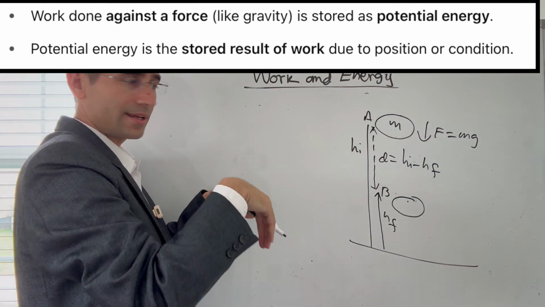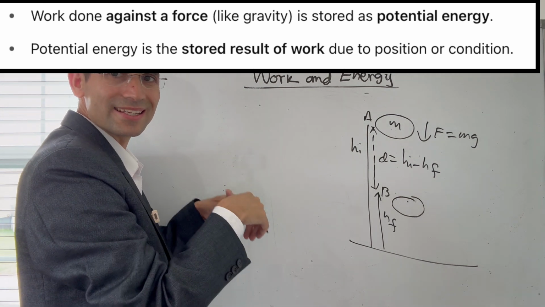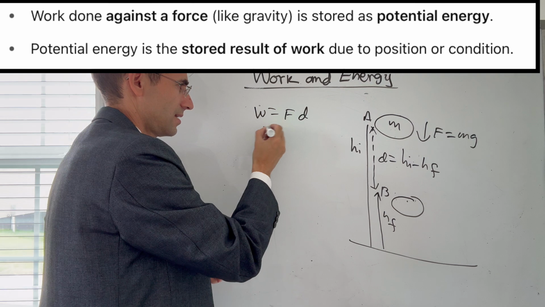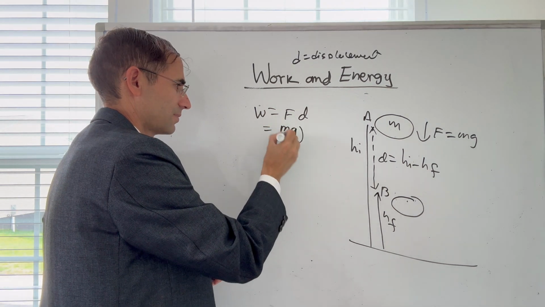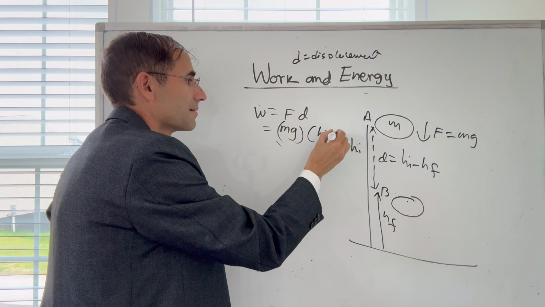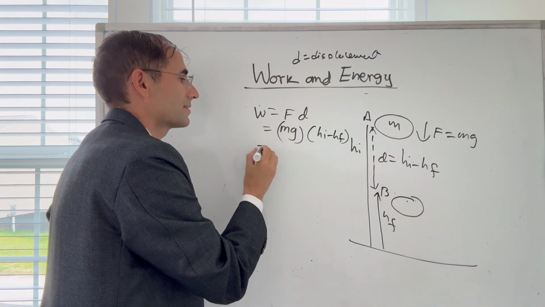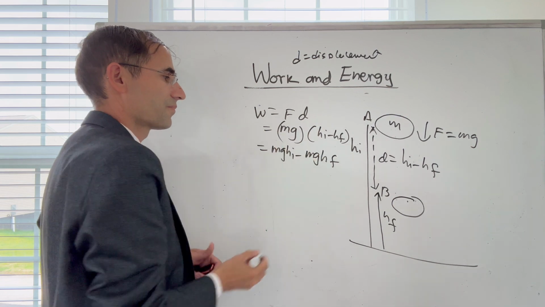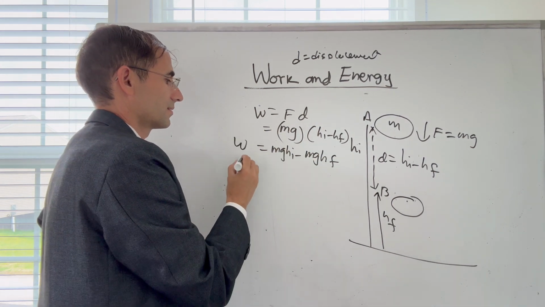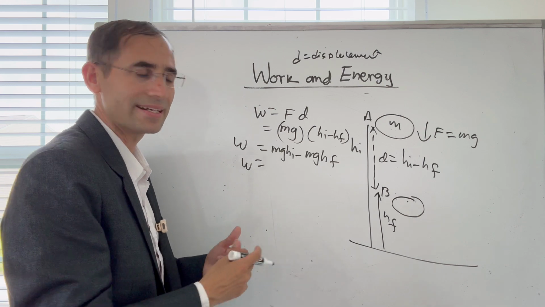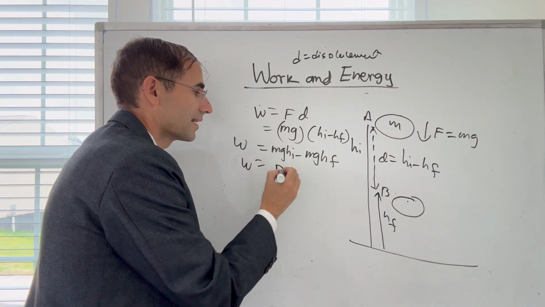Since the gravity and the displacement of the apple are in the same direction, work done is equal to the force times displacement. Force is mass times gravity, mass of the apple times acceleration due to gravity, and d is hi minus hf. That means mghi minus mghf. So what is this? mgh, mass times gravity times height, is the potential energy of an object.